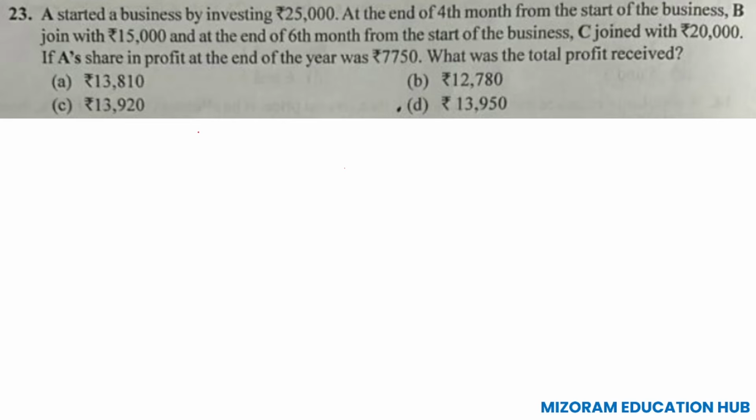So A invests for 12 months. B joined at the end of 4th month, so 12 minus 4, 8 months he invested. And C joined at the end of 6th month, so 12 minus 6, 6 months he invested.